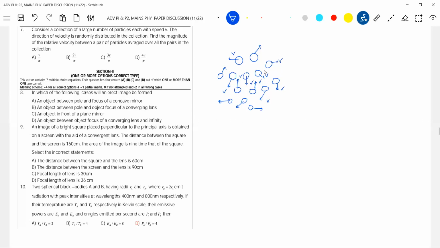So let me take some pair, say 1 and 2, with velocity v each, at angle theta by 2.